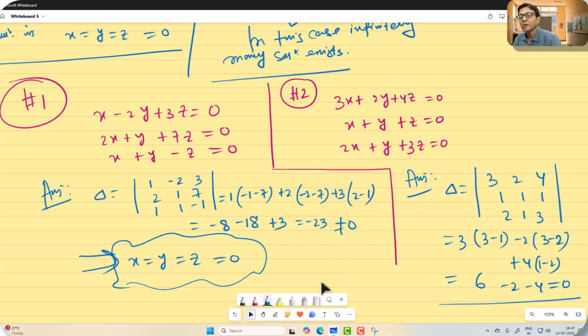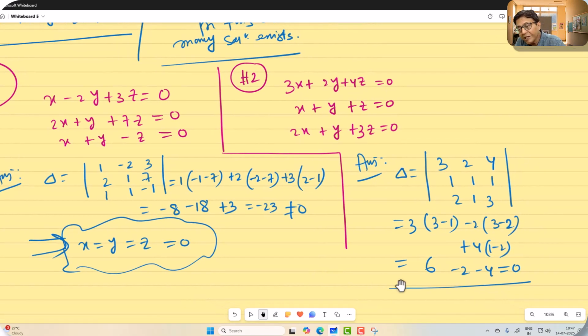See, the coefficient determinant is 0. So in this case, infinitely many solutions exist and the method will be similar. So you must write this implies infinitely many, that is, non-trivial solutions exist.